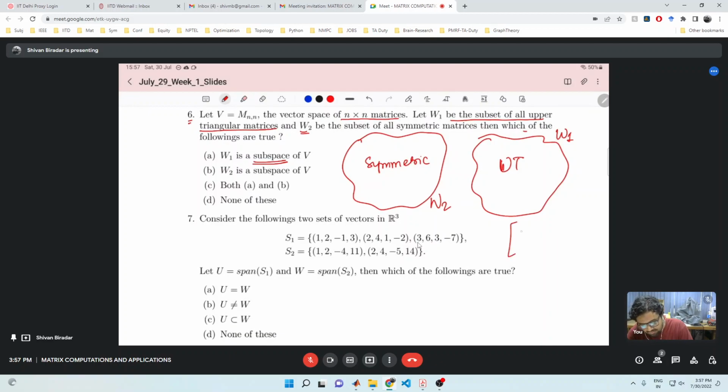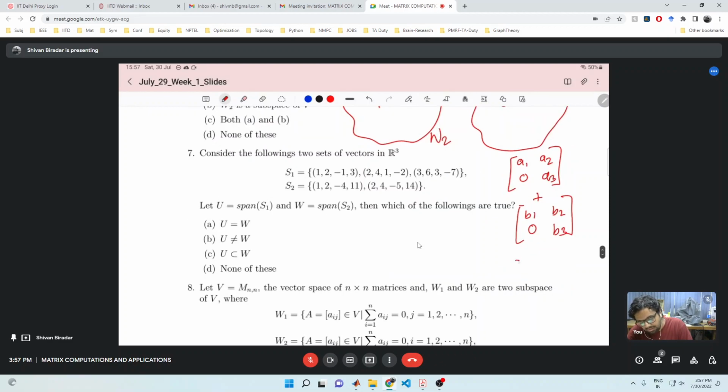Let us take an example: A1, A2, A3, 0. This is two-dimensional. I'll take another example: B1, B2, 0, B3. If I add these two, I'll get another matrix, A1 plus B1, A2 plus B2, 0, A3 plus B3.